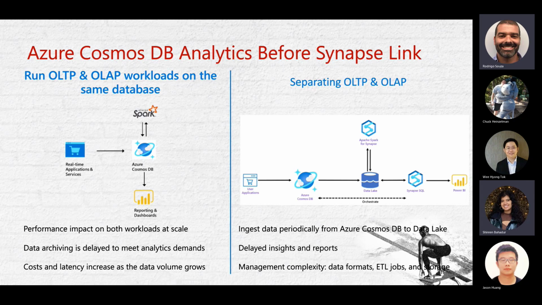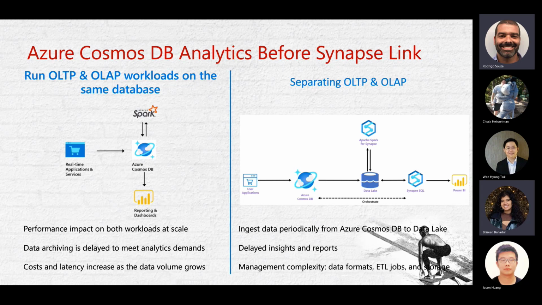And lately, the cost and latency increased as the data volume grew. On the right, we have another type of implementation for analytics on Cosmos DB, again, before Synapse Link. We saw customers exporting the data to a data lake or something like that.